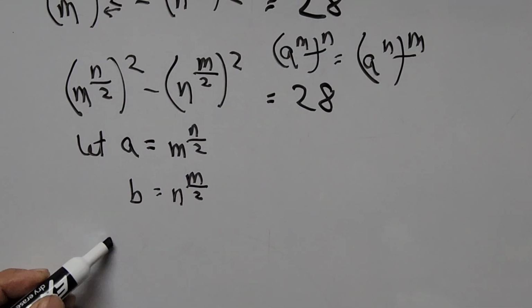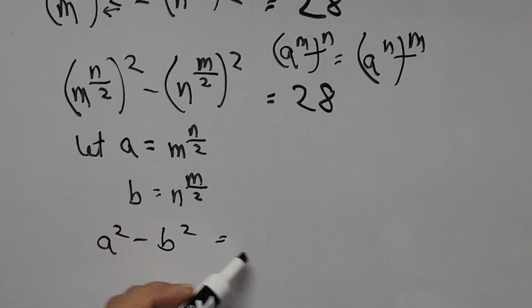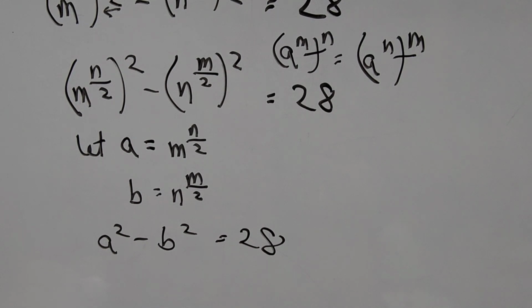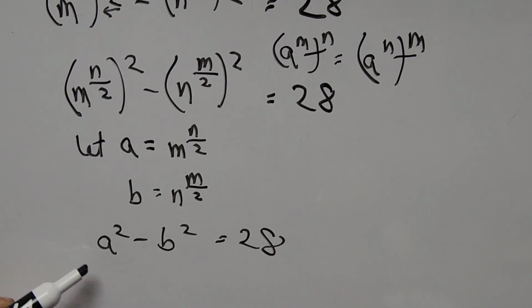So now we have a squared minus b squared equals 28. From here, if you notice, a squared minus b squared, can we recall a formula representing these two terms? We do have that formula, right? Difference of squares.